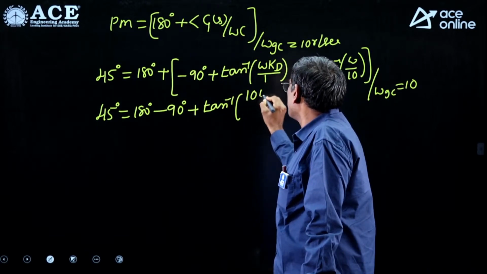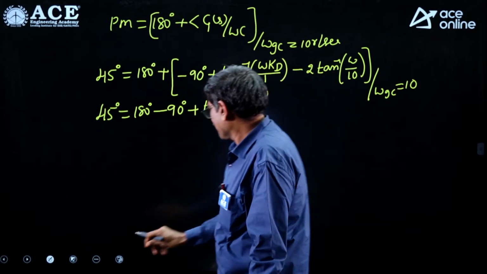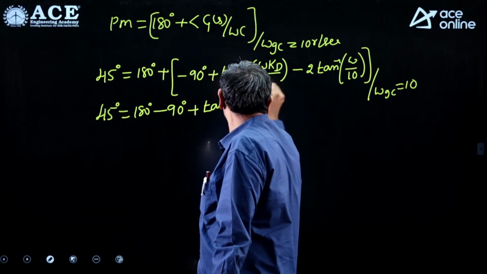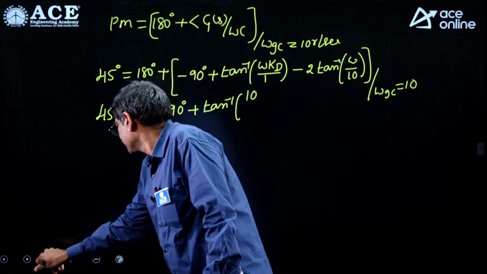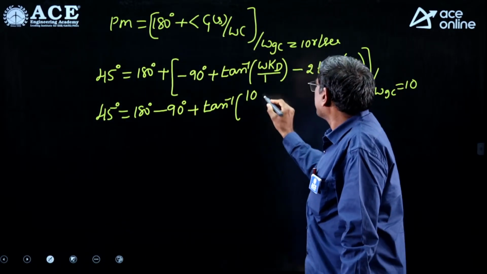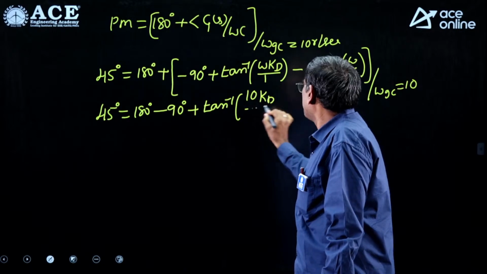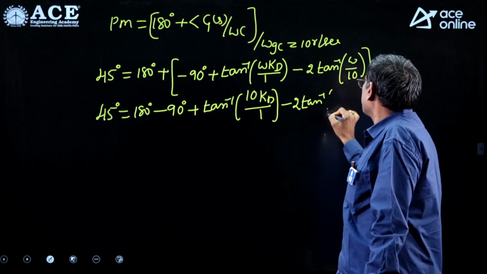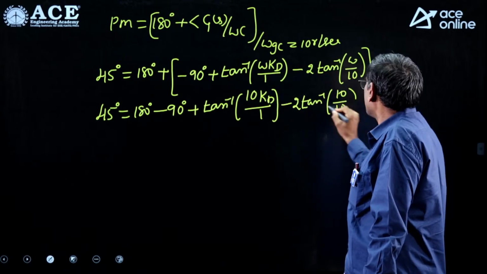So here omega is 10, so 10 Kd divided by 1, minus 2 tan inverse of 10 by 10, which is 45 degrees, so 90 degrees.